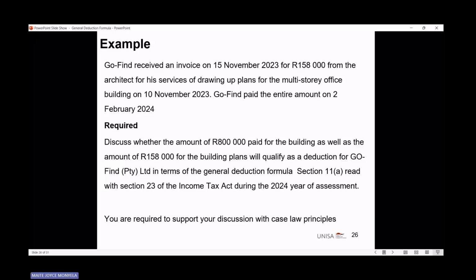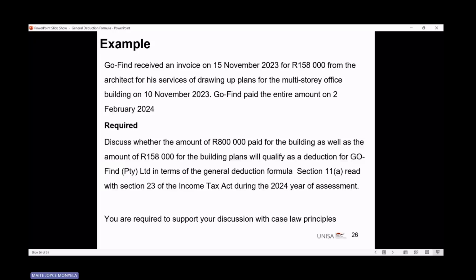We also have section 23, which prohibits certain deductions, and section 23M, which limits certain deductions. So I want you to apply the case law and support your discussion with the Act, which is section 11(a) read with section 11, section 23, section 23M and 23C.